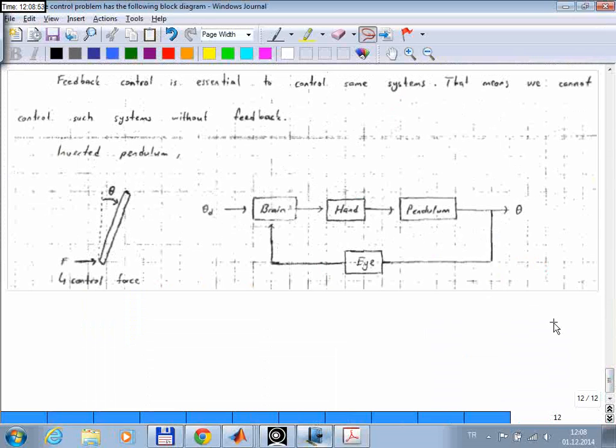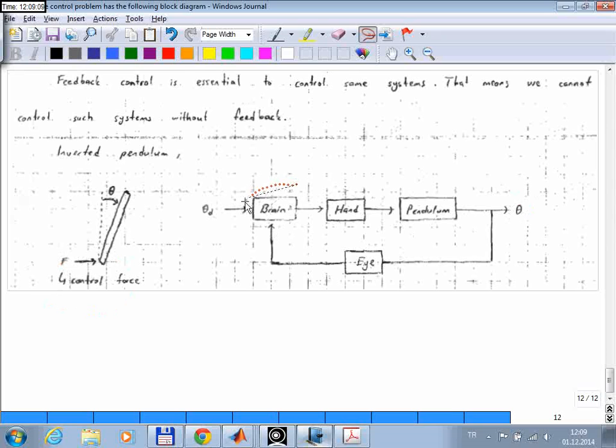It's a very simplified view of the control problem. So this is my system, and the position of the stick is the output. Let me call that theta. The input is the force I apply to it with my finger. And this is the block diagram.